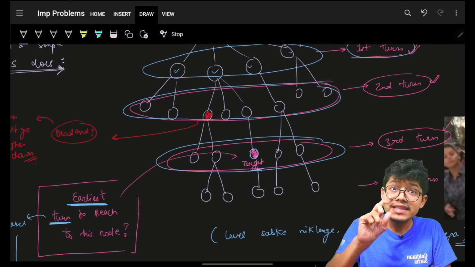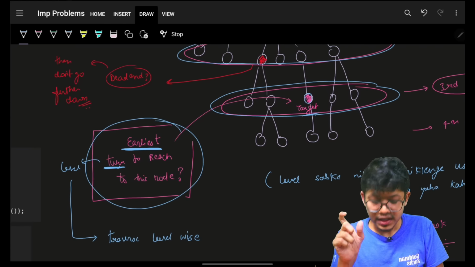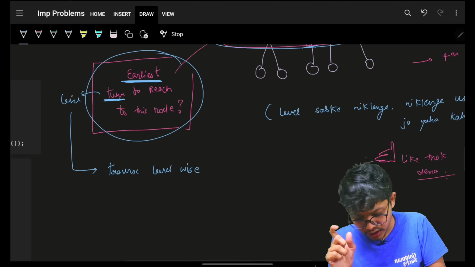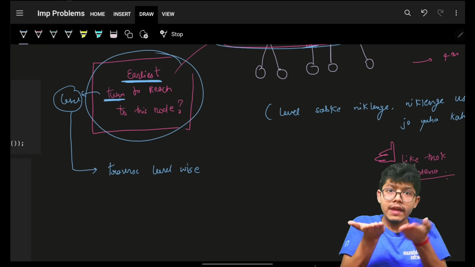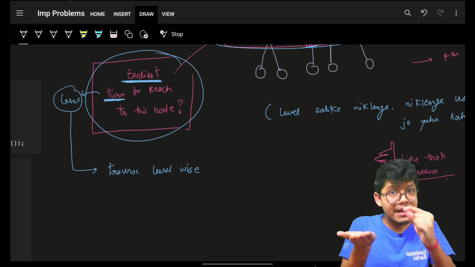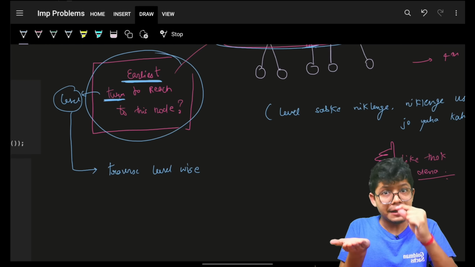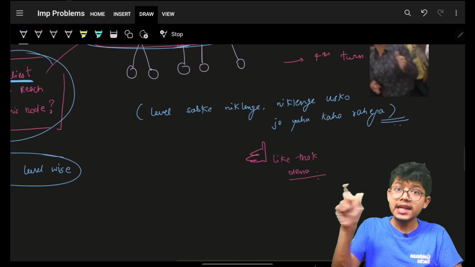As soon as I see my target, I will say this is the earliest turn, which means the earliest level, to reach it. For me every turn is a level, so I go level by level, checking whether I achieved my target, traversing everything level wise.